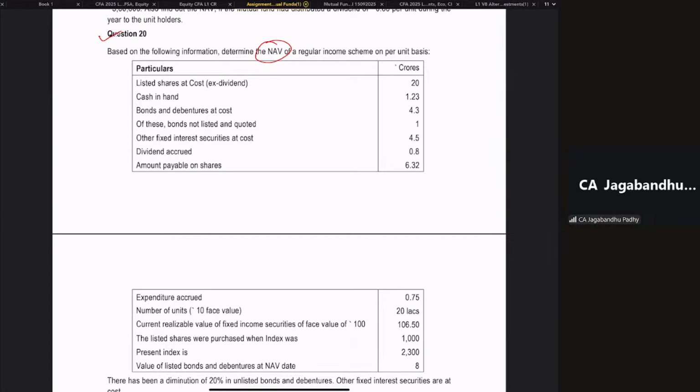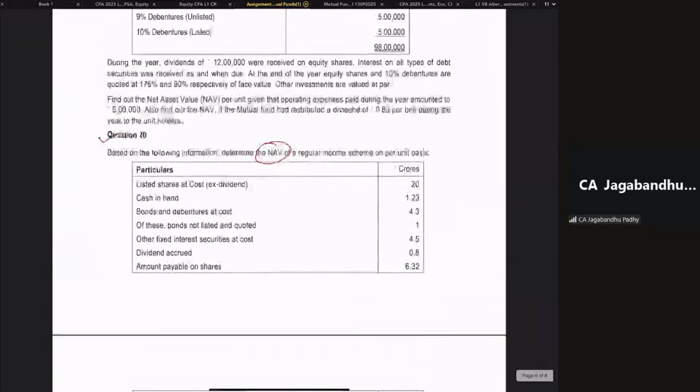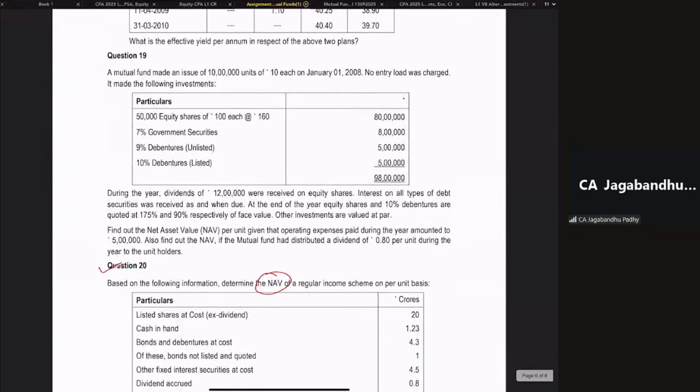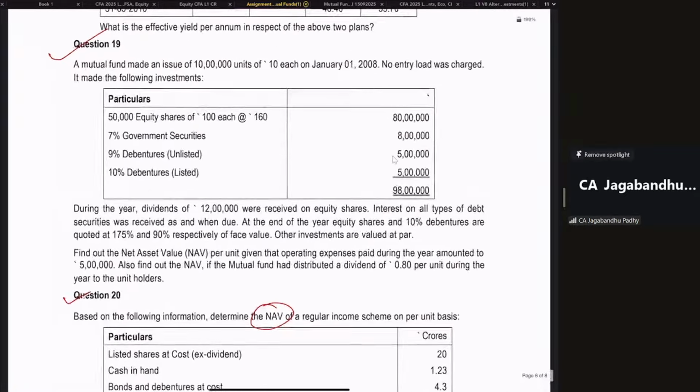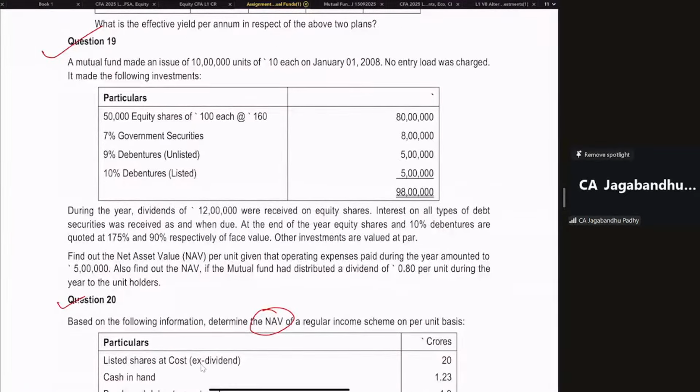Now, let's go for question number 19, guys. You should be able to get it. Try out question 19, guys. You have to calculate NAV over here, but after the fund has issued new units and acquired some shares, all the calculations are done.